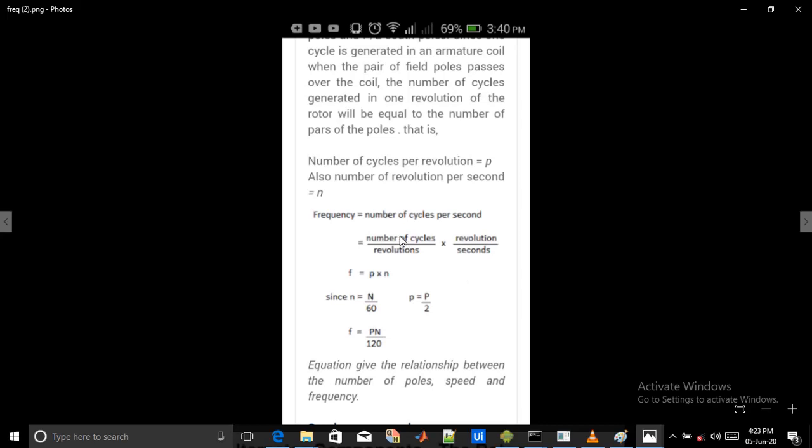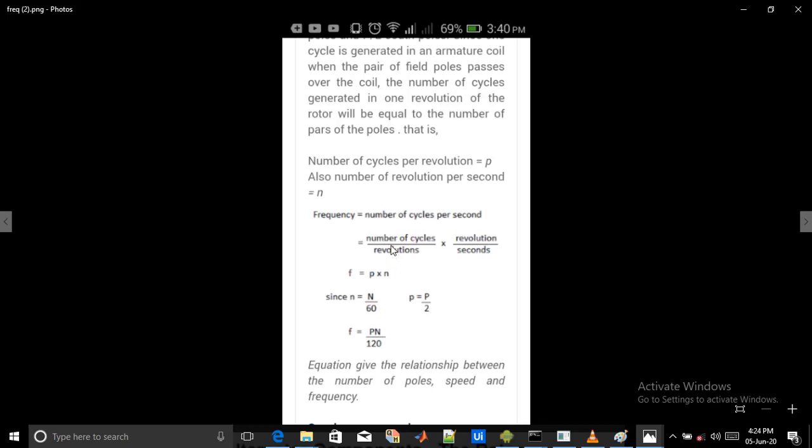So now if the rotor is covering maybe 10 cycles per revolution, it means the number of poles it will take to complete 10 cycles per revolution will be more than if we are having 5 cycles per revolution.